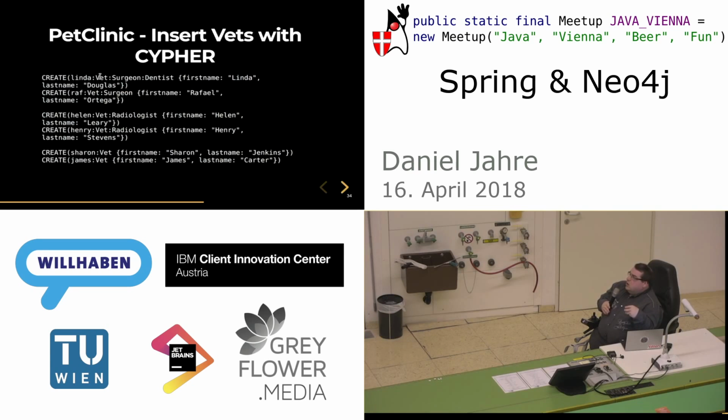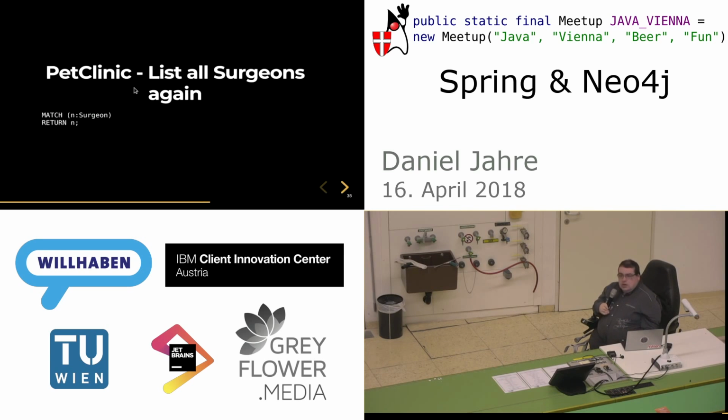So you can list. You want to have a list of all the vets. You want to have a list of all the radiologists, stuff like that. Or think of types, yeah, types of persons. And if we now want to do the same query with Cypher, to have a list of all the surgeons, okay, we just do this.